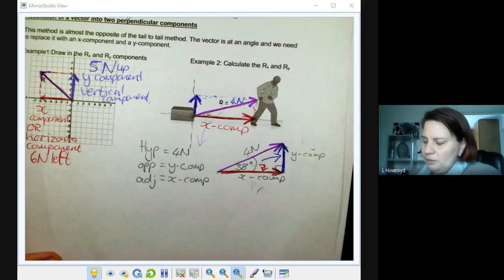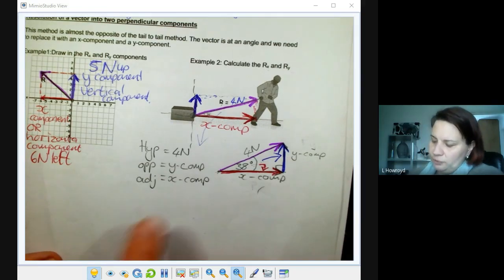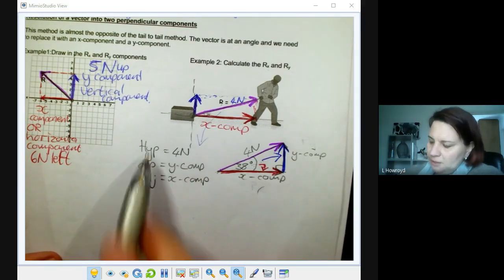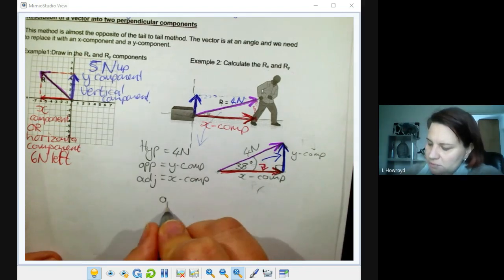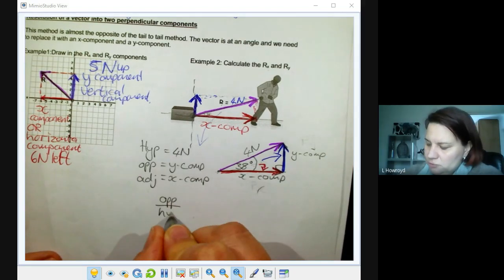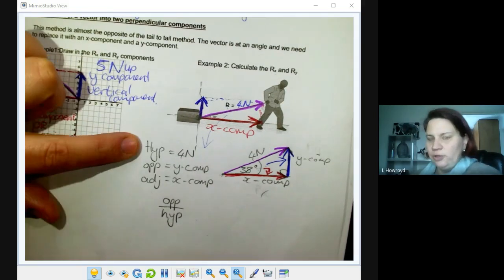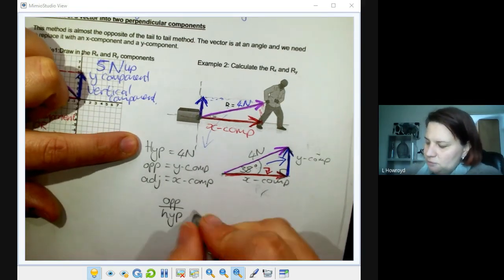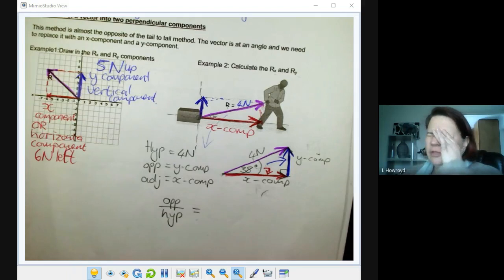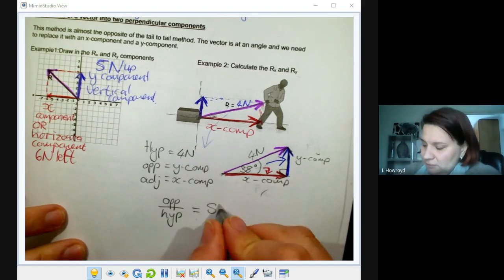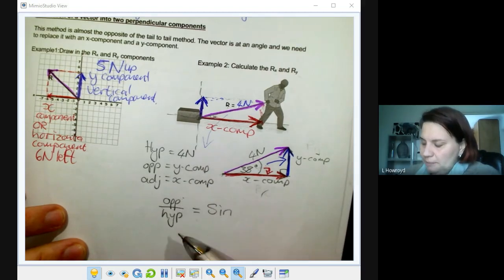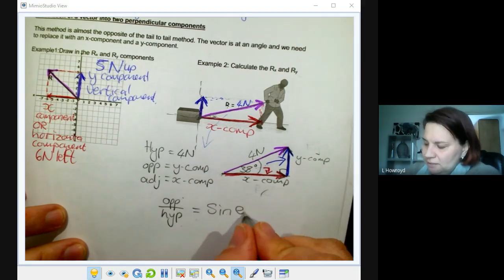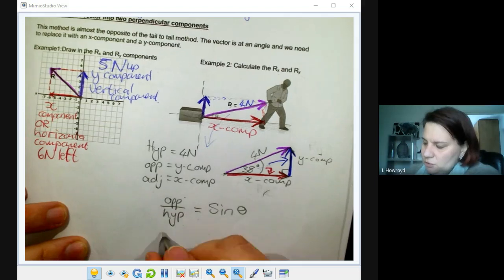Okay, so I want to now work out the y component. So that would be opposite over hypotenuse. So you need to have hypotenuse because it's the only one we have. And we know that if you have a look at the previous ones that we did with our ratios, that is sine. The ratio opposite over hypotenuse is sine theta. Okay, so opposite is the y component. Hypotenuse is 4.